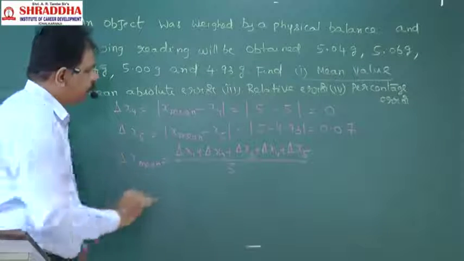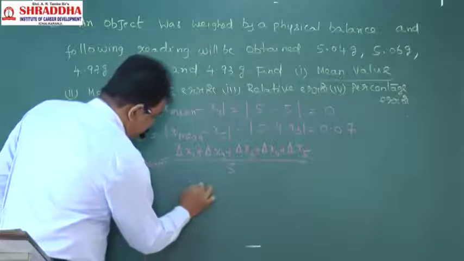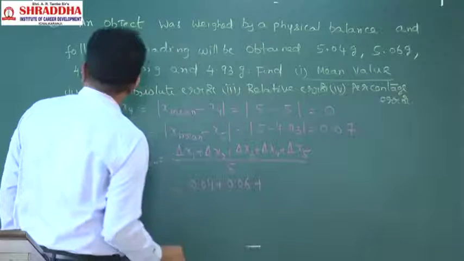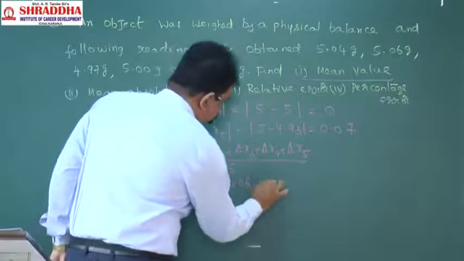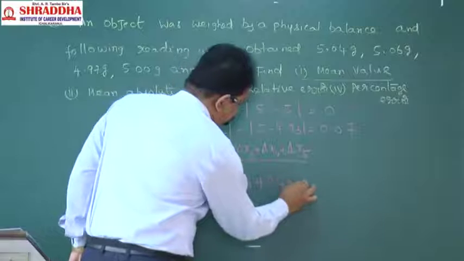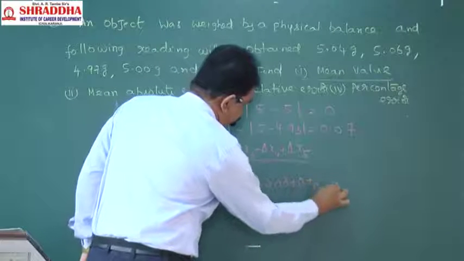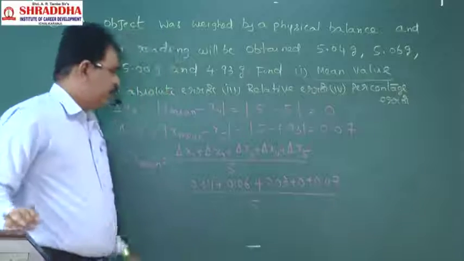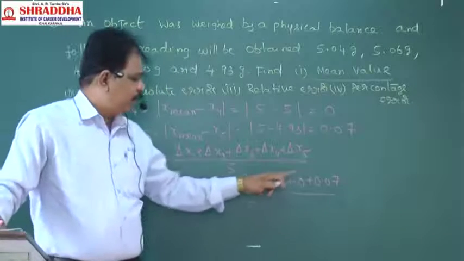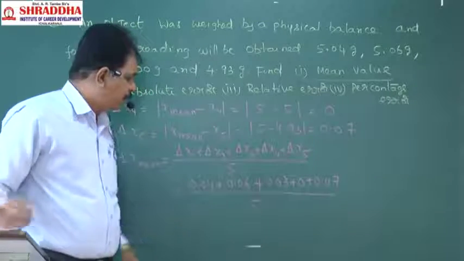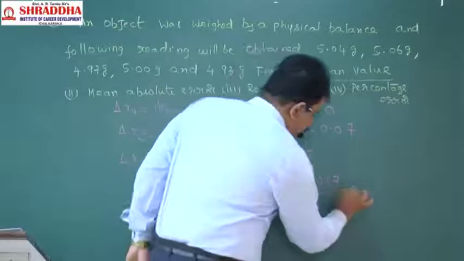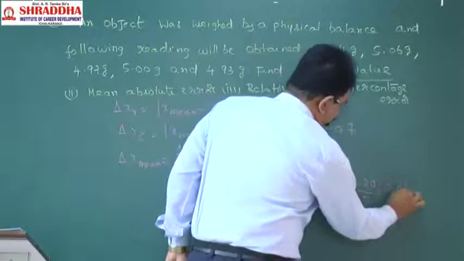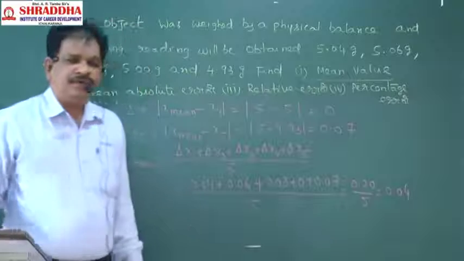So how much is this value? 0.04, 0.06, 0.03, 0, 0.07, divided by 5. This will be 0.20 by 5, which is 0.04.